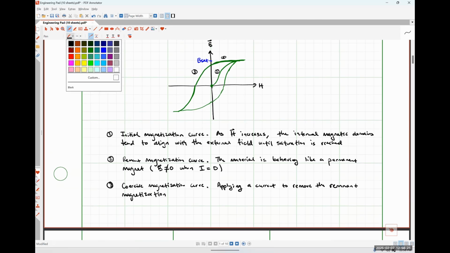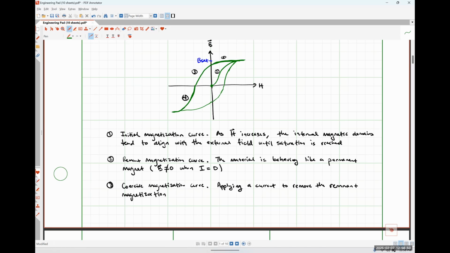For section 4 of the curve, now we're looking at what's going on as we start from 0 on the y-axis and continue going down. This is just us magnetizing the medium in the opposite direction. So if we had aligned all of our magnetic domains to the right, now we're turning them around to make them go towards the left.